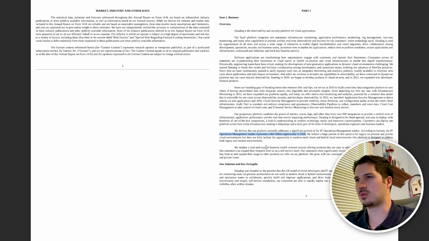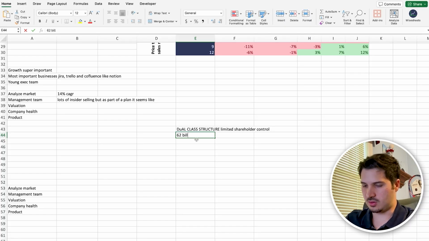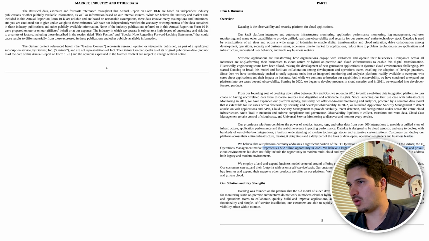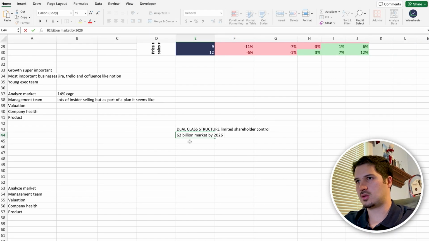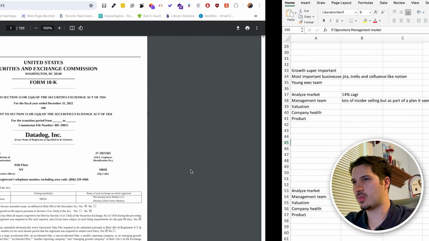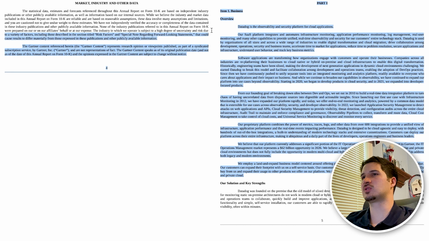But in this case, it's going to be a 62 billion market by 2026, IT operations management market. Okay, so this is very important.